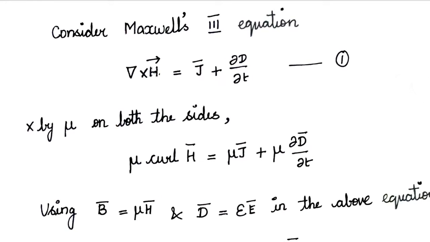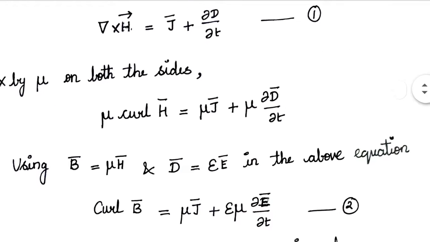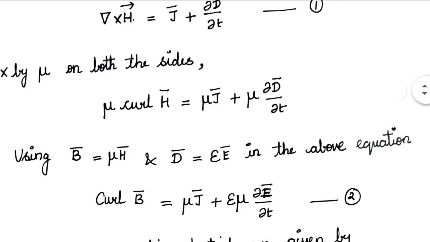Now let us write this equation 1 in terms of E vector and B vector. For this, let us multiply the above equation by mu on both the sides. When we multiply, we get mu of curl H vector equal to mu into J vector plus mu into dou D vector by dou T. We know that B vector is equal to mu times H vector and the displacement vector D equal to epsilon times E vector.